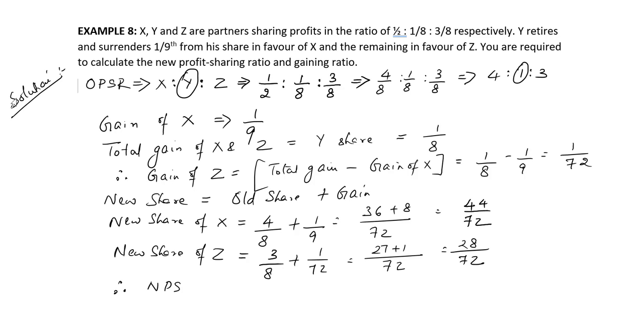The NPSR between X and Z is equal to 44 divided by 72 is to 28 divided by 72, which is equal to 44 is to 28, which can be simplified as 11 is to 7.